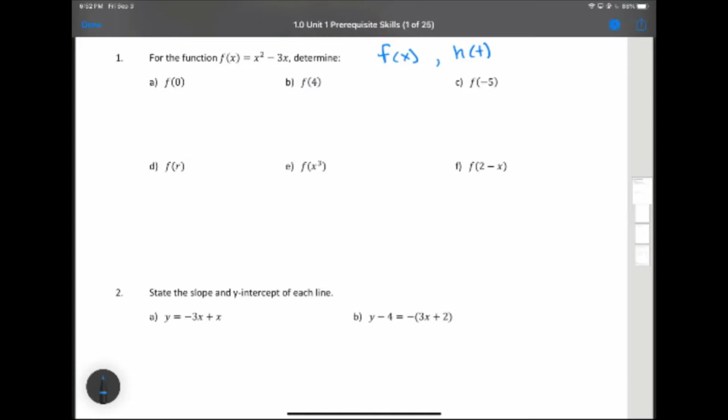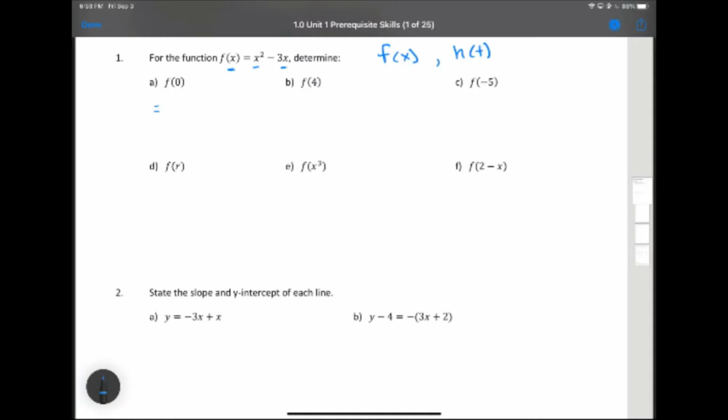So remember that a notation like, for instance, f at 0 basically just says wherever you see the variable or the thing in the bracket, replace it with a 0. So here we have f at x equals x squared minus 3x. And x is really just a placeholder saying where to put in that value.